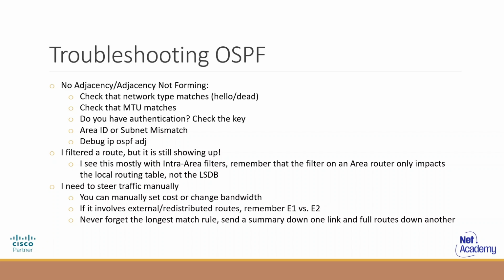Or perhaps I can do something if I have an ABR in the path, like the longest match rule. Maybe I will summarize down one of the ABRs and not summarize down the other ABR or something along those lines. And I will always take that longest prefix, but I will always fail over to the other ABR if a prefix disappears. Again, it's going to come down a lot of times to your particular situation.